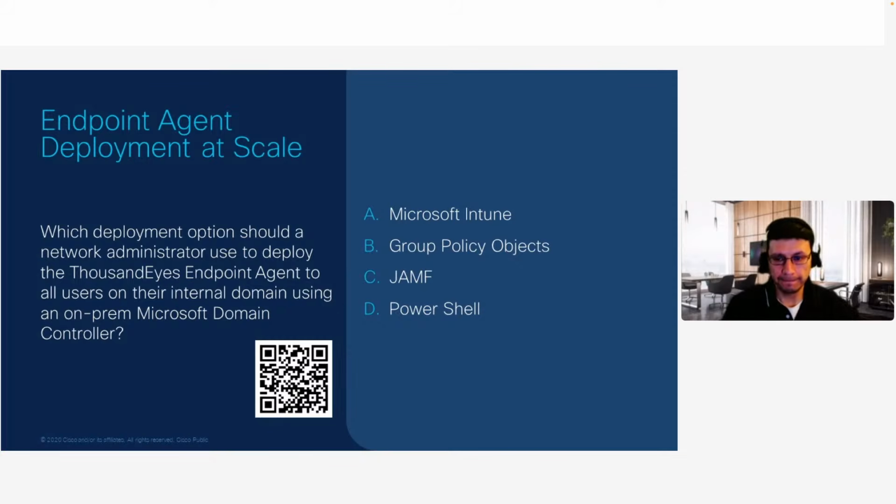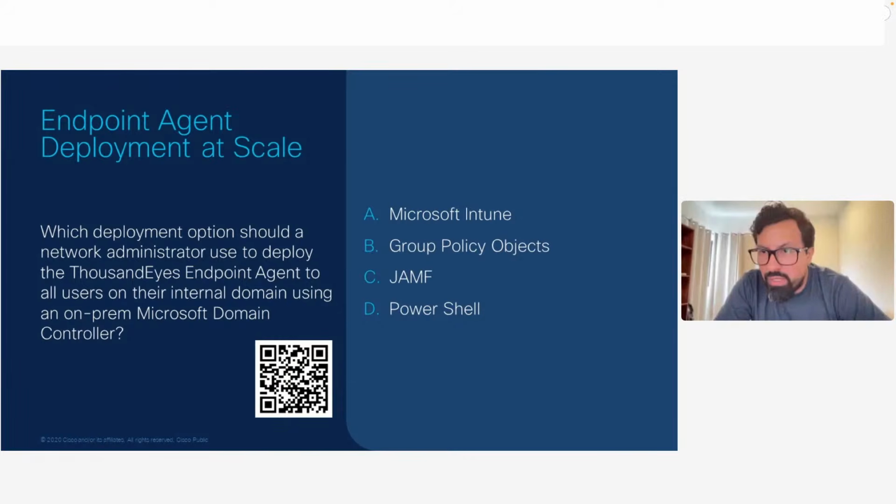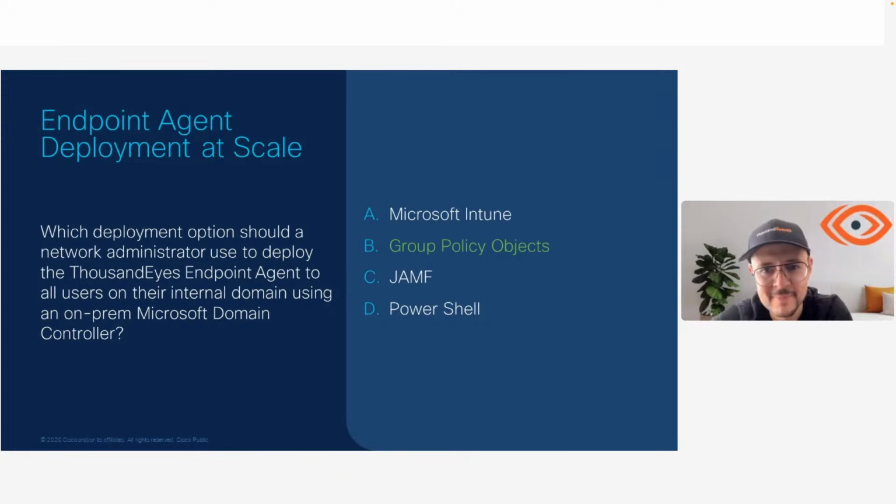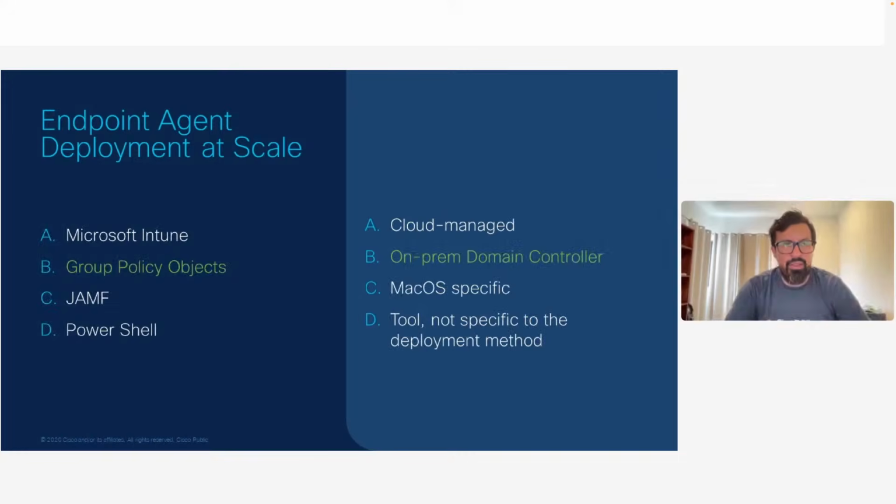Thank you, Rigo. All right, so I see 58 people responded, 59, 60. Seems like group policy objects is still winning. So let's see. Yes, most of you got it right. Group policy objects, and let's see why.